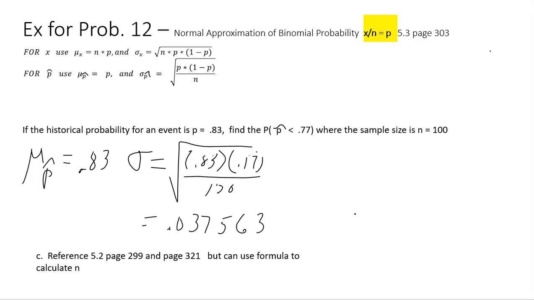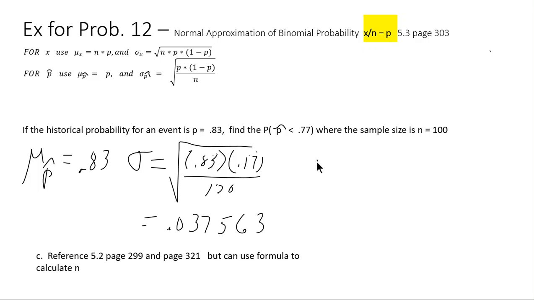So if you want to decrease the standard deviation by half, you have to take the square of the size of the sample. If the sample size was 100, halving the standard deviation would make you an n of 400, or you could actually calculate it out.